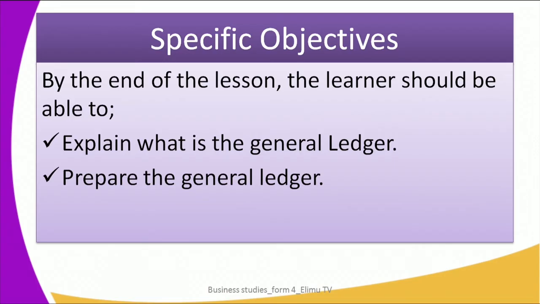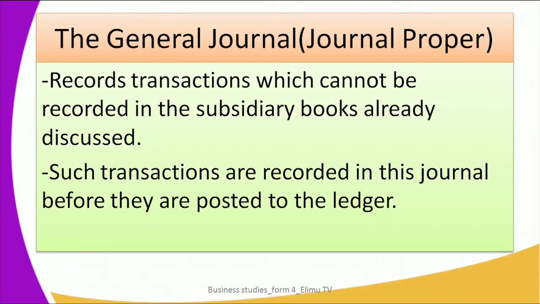The general ledger is also referred to as the journal proper. The general journal records transactions which cannot be recorded in the subsidiary books of accounts already discussed. Remember, we started with the sales journal, purchases journal, and we looked at a number of them.